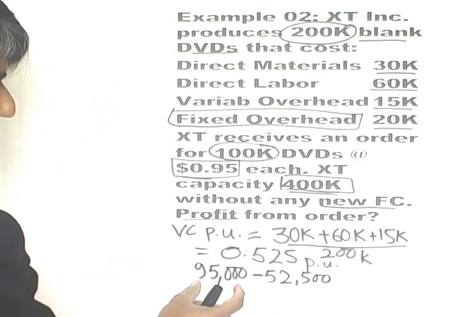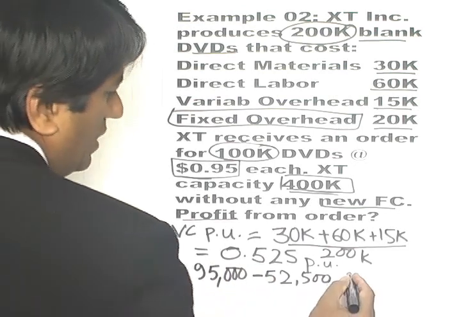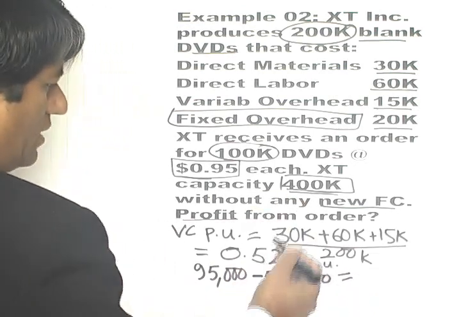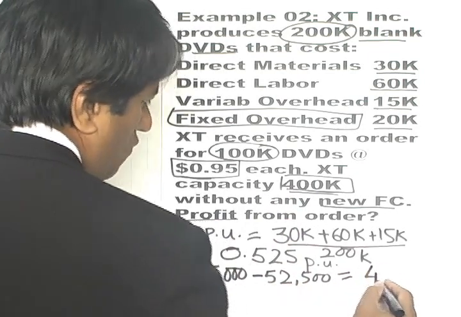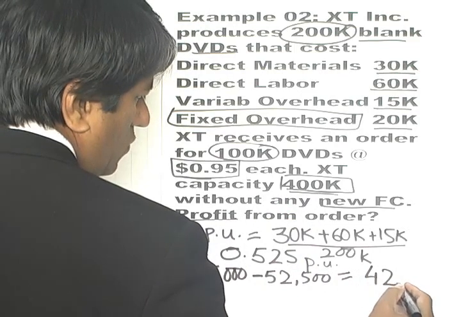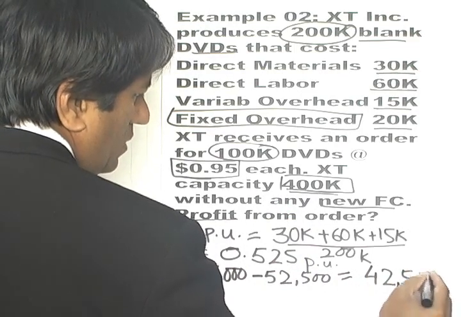So the money it will receive minus its cost is going to be the new profit from this order, and that is going to be 42,500.